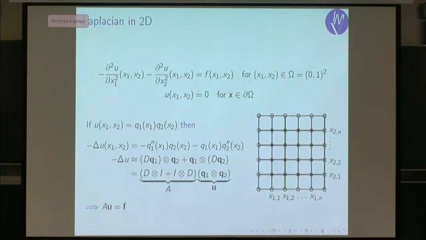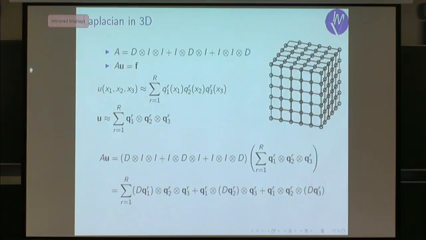All right, let's move to 3 dimensions. Now you see how it works in 2 dimensions, and I think this is the main idea. I believe you grasp the structure, and you will believe me that in 3 dimensions, that matrix A will be T tensor identity tensor identity plus identity tensor T tensor identity plus identity tensor identity tensor T. Because in 3D, the Laplacian is a sum of 3 terms, second derivative with respect to x1, x2, x3, and these 3 terms correspond to these 3 approximations.